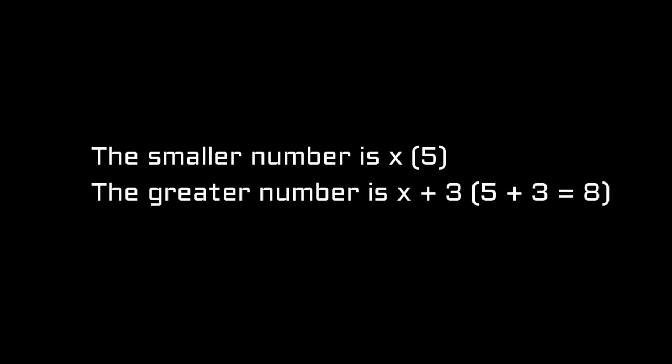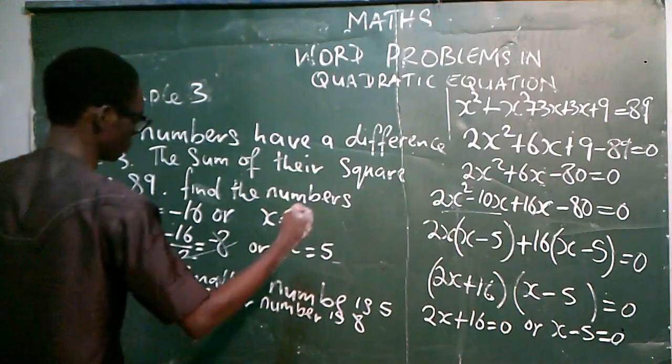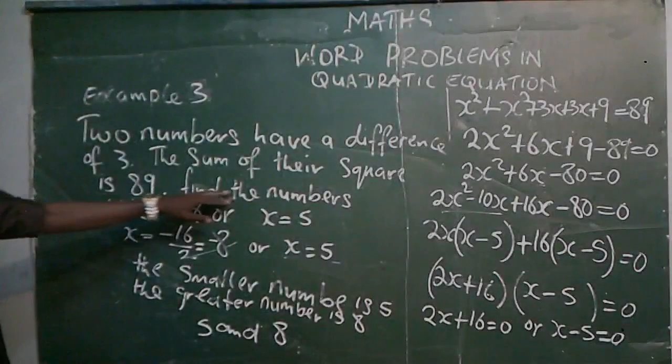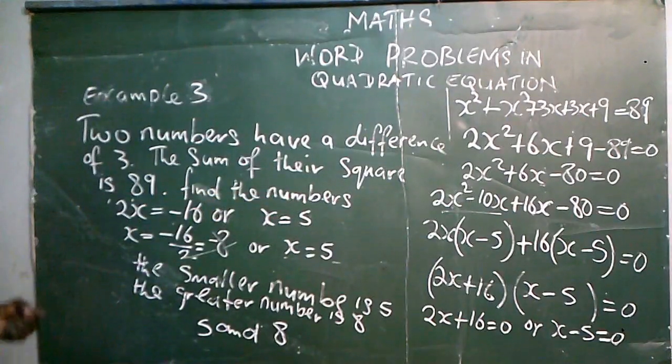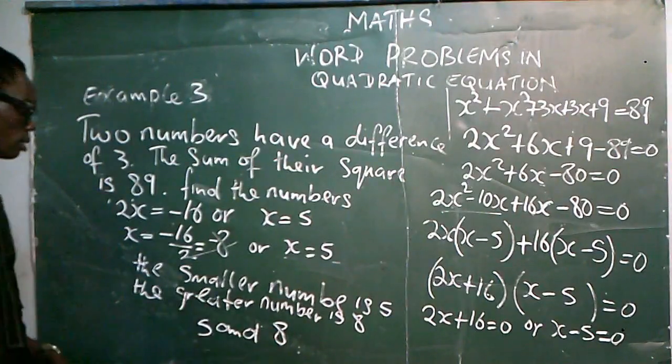Since we let the smaller number be x and the greater number be x plus 3, because their difference is 3, the greater number was x plus 3, which means 5 plus 3, which is 8. So the numbers are 5 and 8.